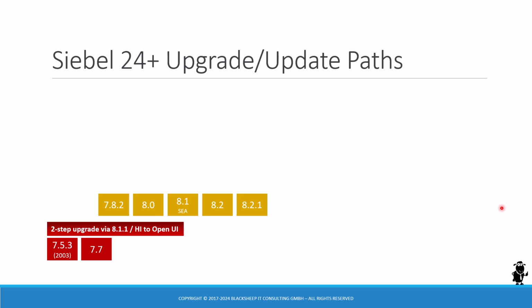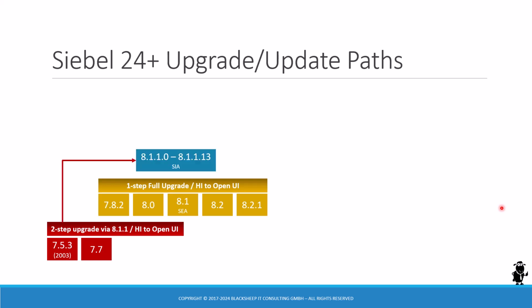The aforementioned 7.8.2 version is the first of the versions through 8.2 that support a one-step full upgrade. Still, they are high interactivity, so you must also upgrade to OpenUI. And here's the 8.1.1 version that is the jump for the two-step upgrade if you come from an older version.